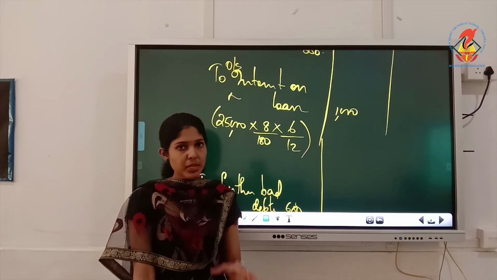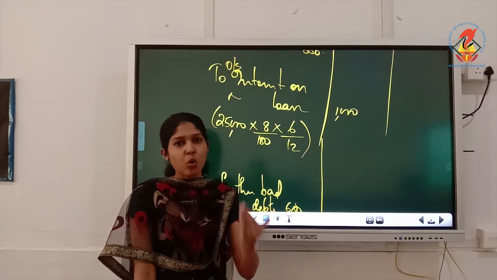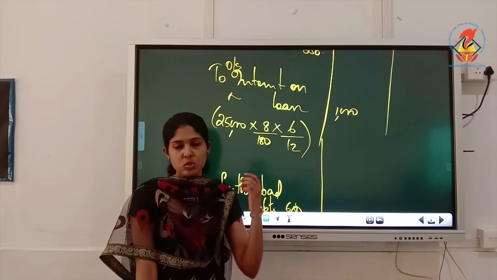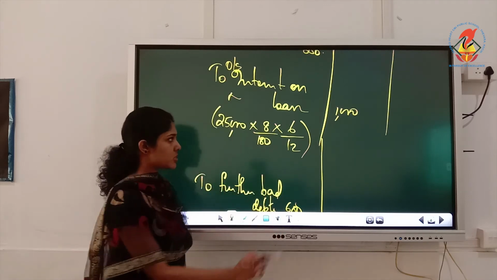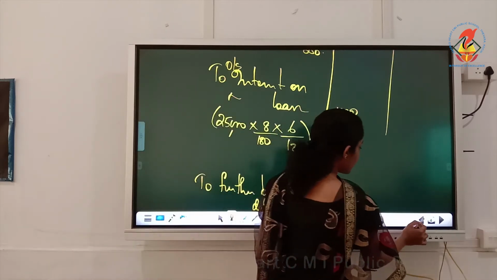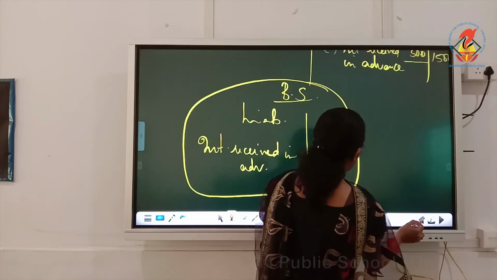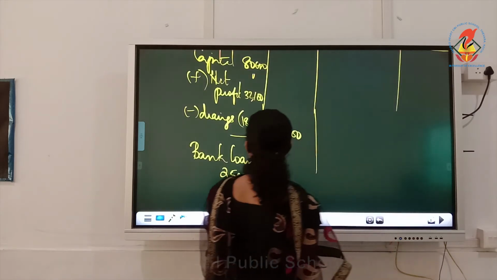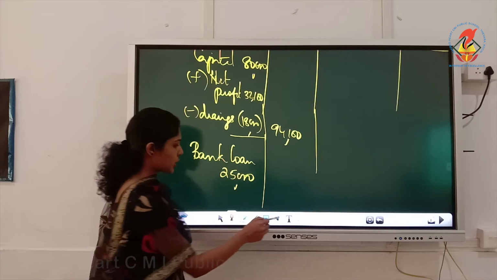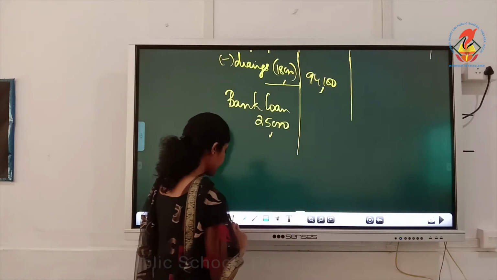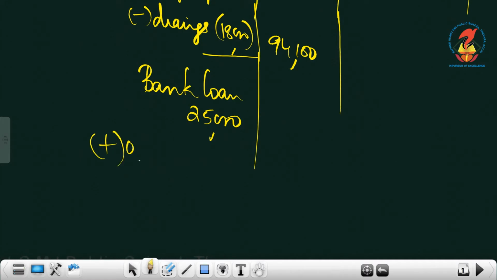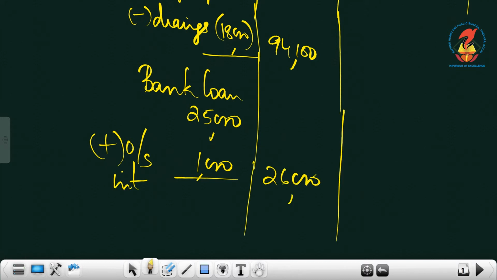When it is an adjustment, it means it is outstanding. So you write it as outstanding interest on loan, that is the first effect of outstanding interest. Later when you do the balance sheet, this outstanding interest must be added with this bank loan of 25,000.